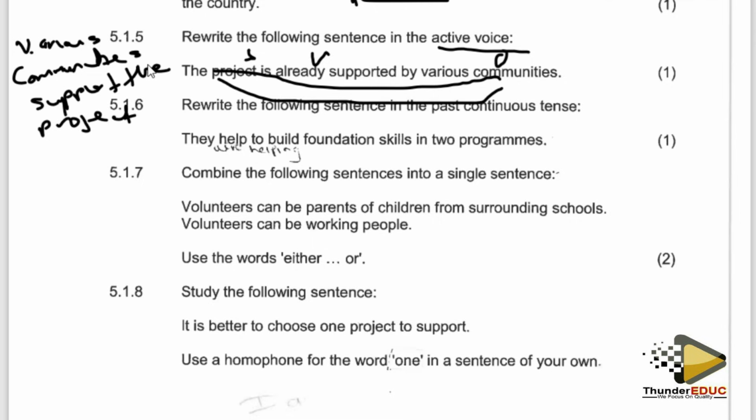The project is already supported by various communities. Various communities already support, oh sorry, I left out "already" there. It's supposed to be there. Already support the project. That is how it's supposed to be.